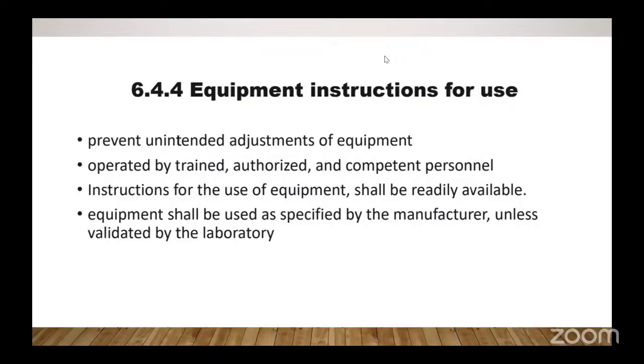The equipment shall be used as specified by the manufacturer unless validated by the lab. So whatever the manufacturer has said about that equipment, you are expected to follow it. If they say change the reagent every week, you have to do that. You can only deviate when the lab has validated a new way of doing something.